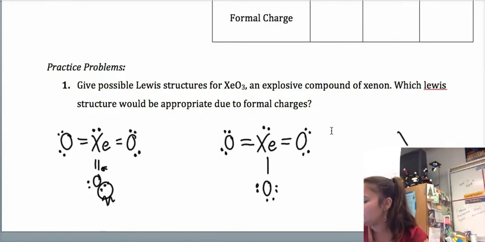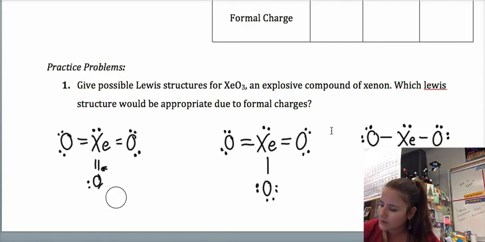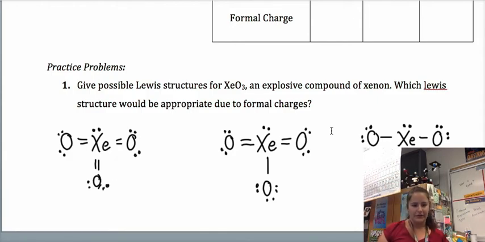And then let's do one more, which has 2 single bonds. And actually, I'm going to fix this. So I want to figure out my formal charges.